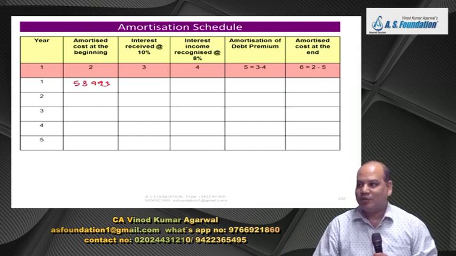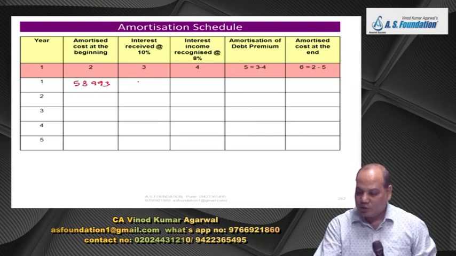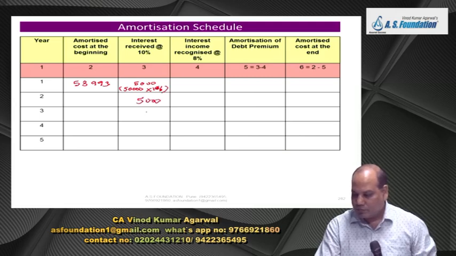It should be 50,000 because 50,000 is the redemption value. So we'll check. Now interest at 10% will always be on face value. So just one calculation, 50,000 into 10%, write 5 times. And block this column.